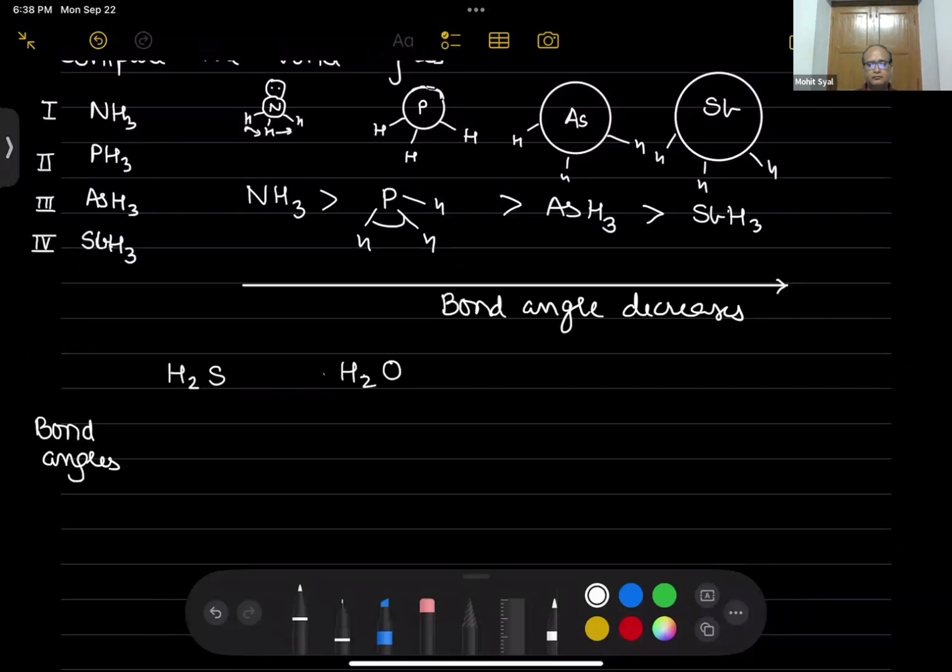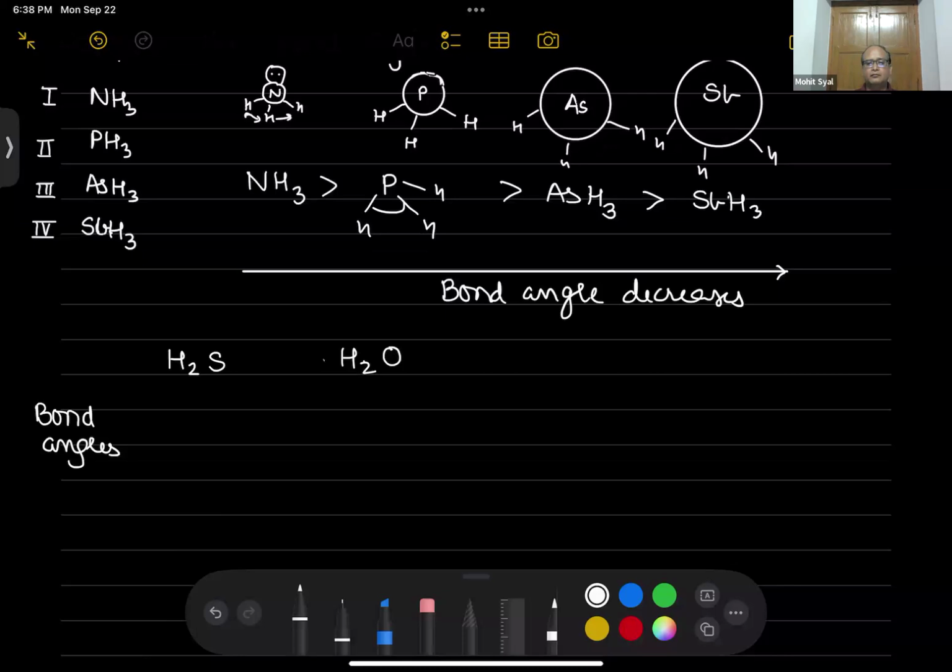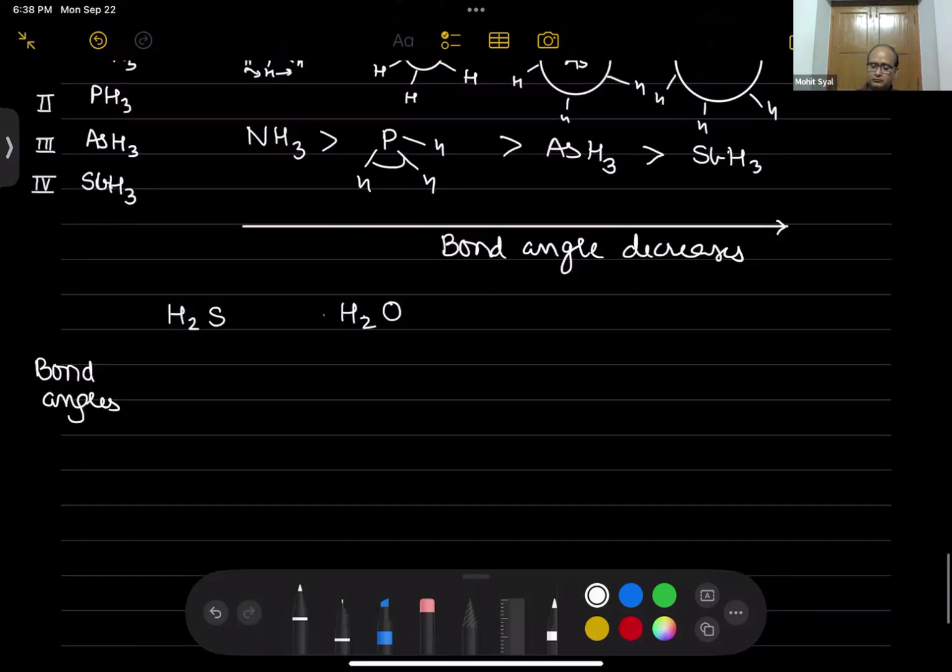Where is the bond angle larger? H2O. Why? Oxygen is a smaller atom, a second period element. So with a smaller atom, the hydrogens will be close and they will try to move apart.